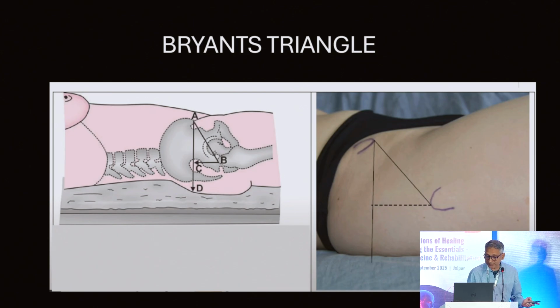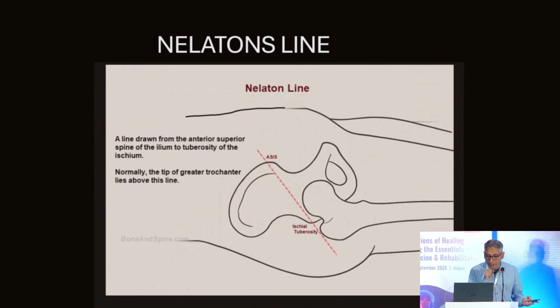In bilateral disease, you should mark the Nelaton's line. You draw a line from the ASIS to the ischial tuberosity and look at the trochanter. The tip of the trochanter should be just below this line. Usually you should flex the hip and knee to 90 degrees.